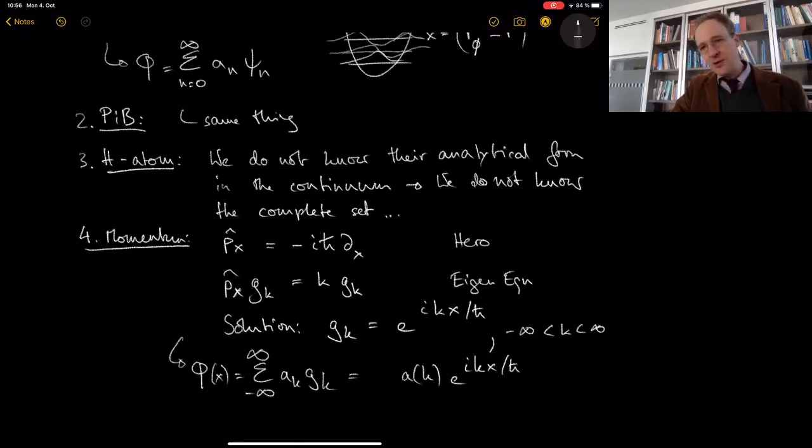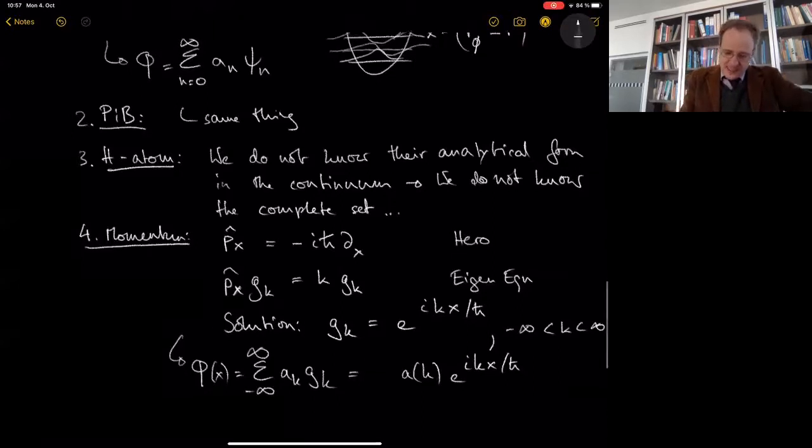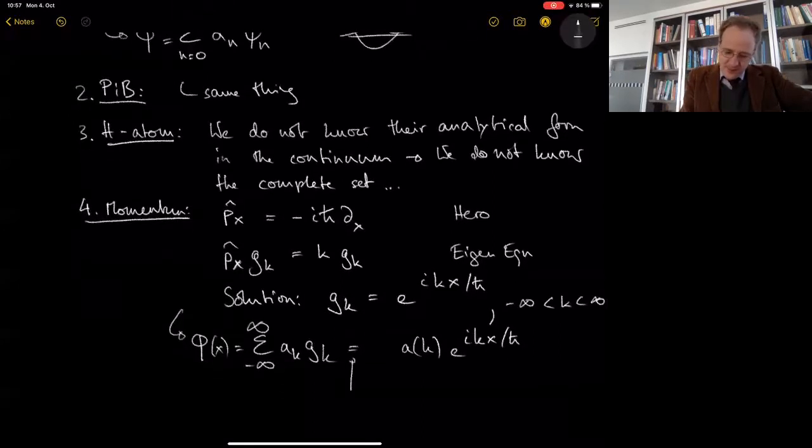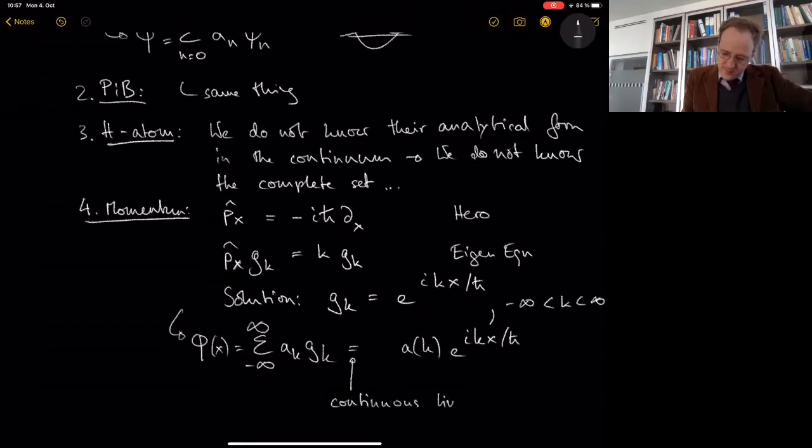And you can do this if you change from something like an index towards something continuous. And so in the continuous limit, the summation symbol simply becomes the integral.